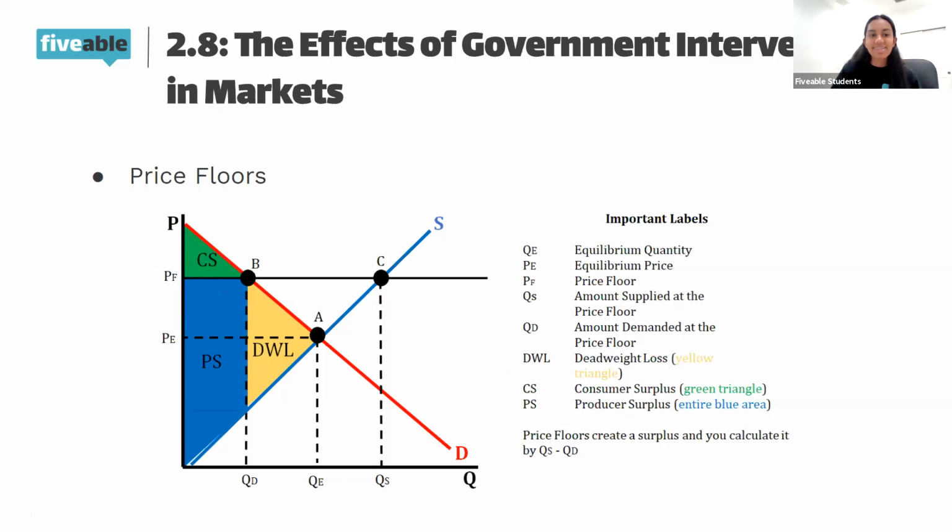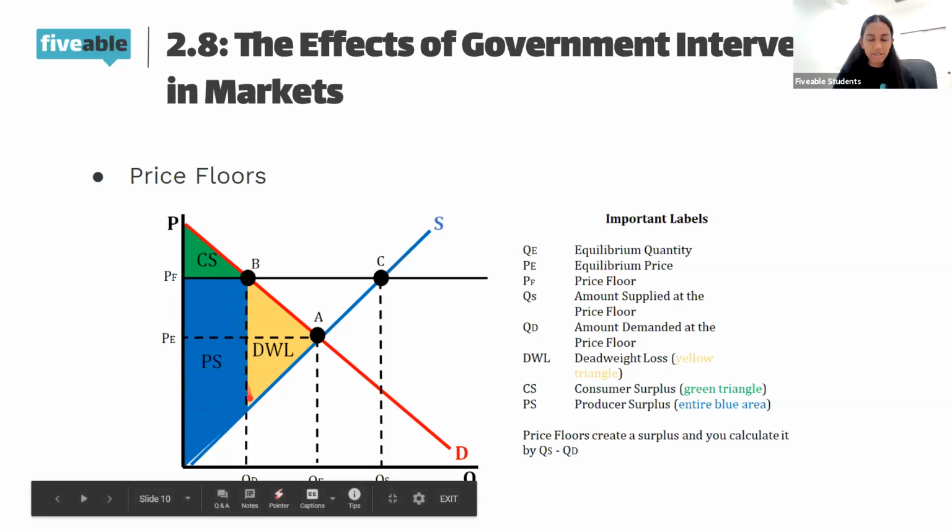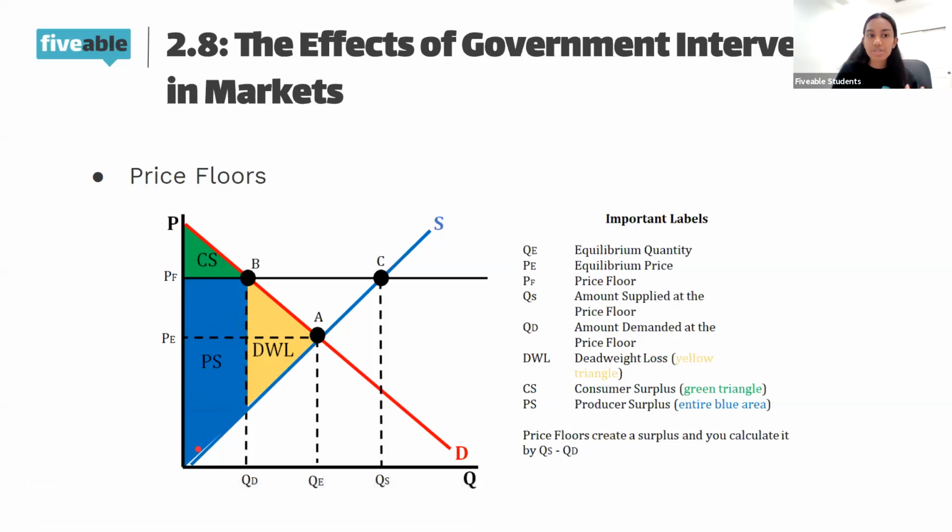If you're being asked to find the dollar amount of the consumer surplus, you would do half times base times height in this case. And for producer surplus, you would add up this rectangle plus the area of this triangle. But usually College Board just likes to make sure that you know where the consumer and producer surplus are.